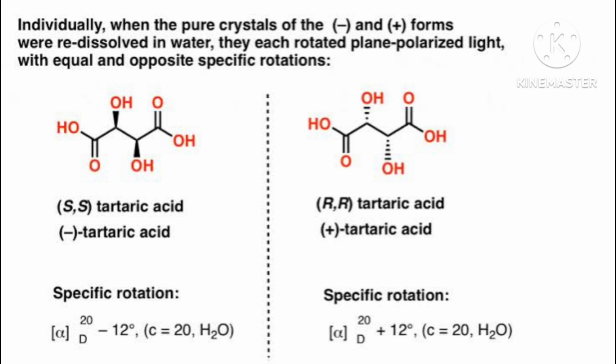For asymmetric, all should be different. But there 2 methyl groups are there. 2 are the same. OH and H both are different, but the methyls are both the same. Hence, you can tell it does not contain an asymmetric carbon. Correct?